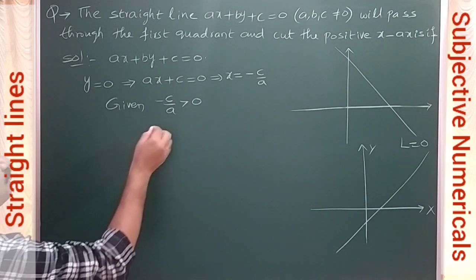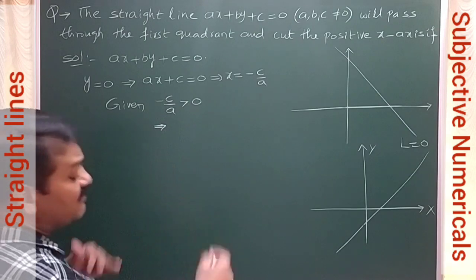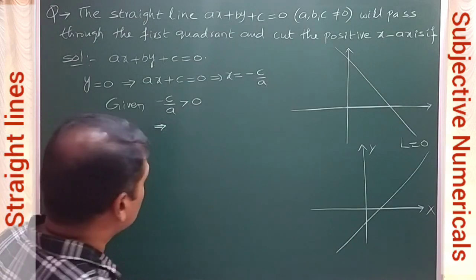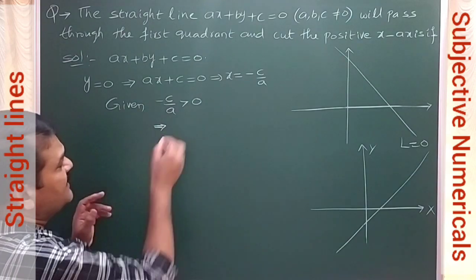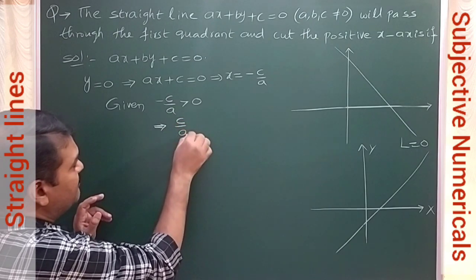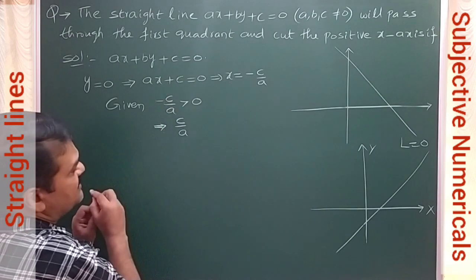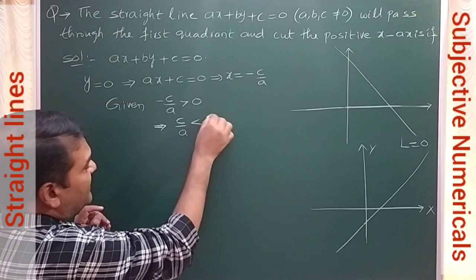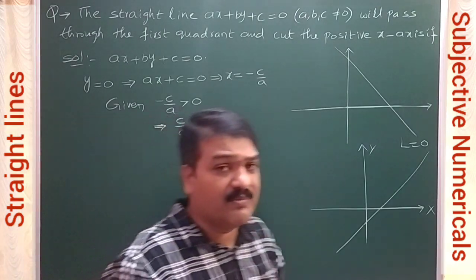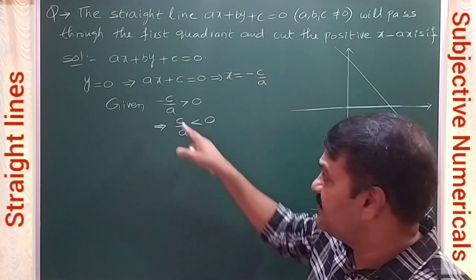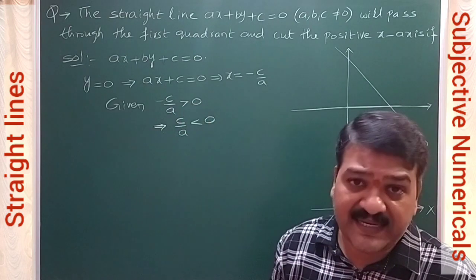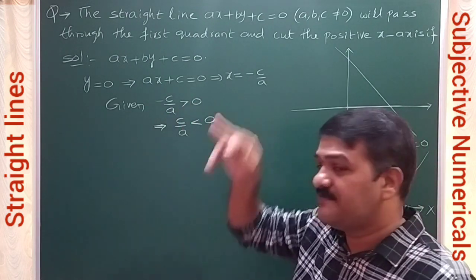When you multiply by minus on both sides, the inequality changes, so c by a will be less than 0. So c by a will be negative.